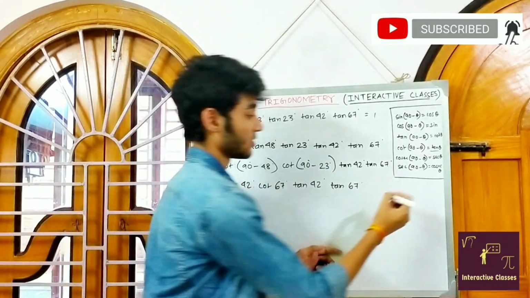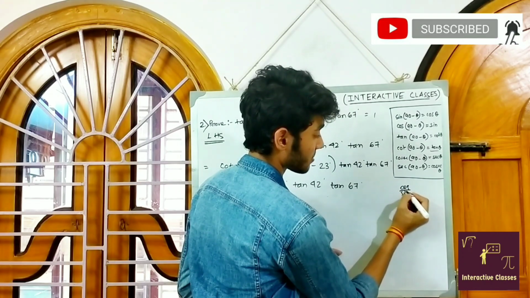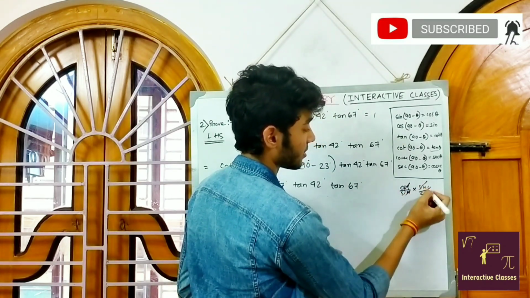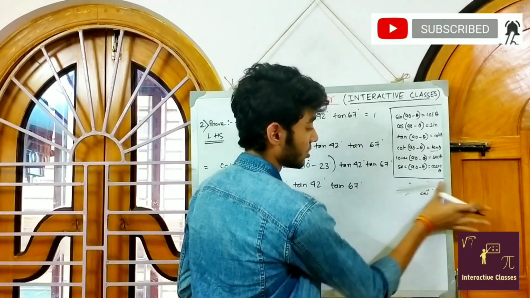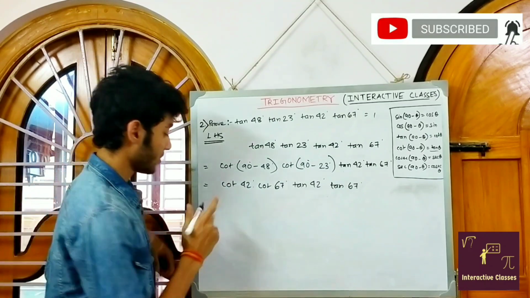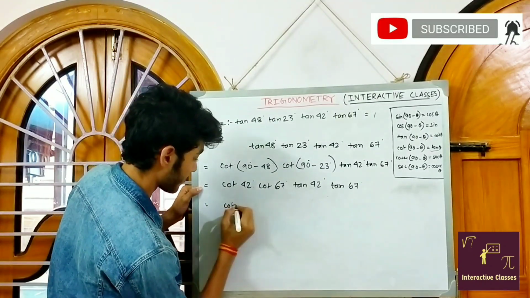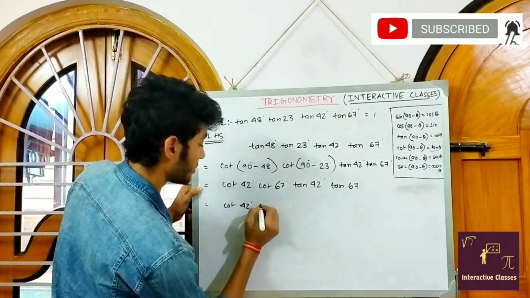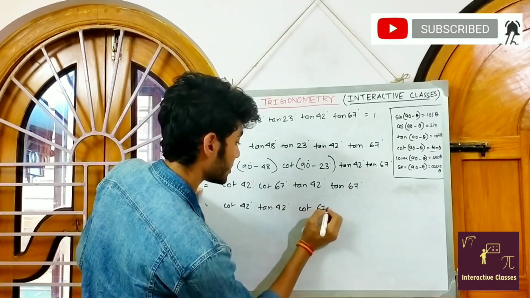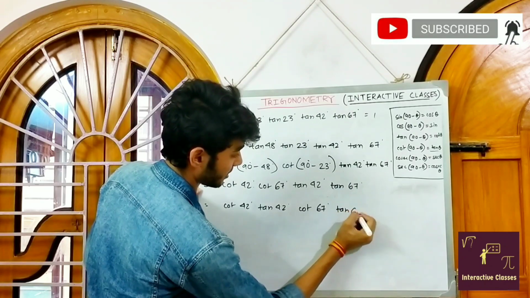So cos by sine into sine by cos is nothing but 1. By the same idea we can write cot 42 degree, tan 42 degree, cot 67 degree, tan 67 degree.